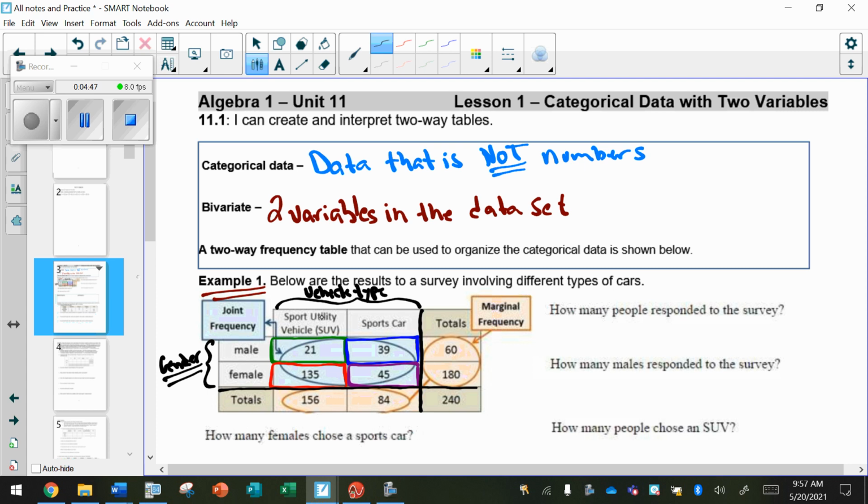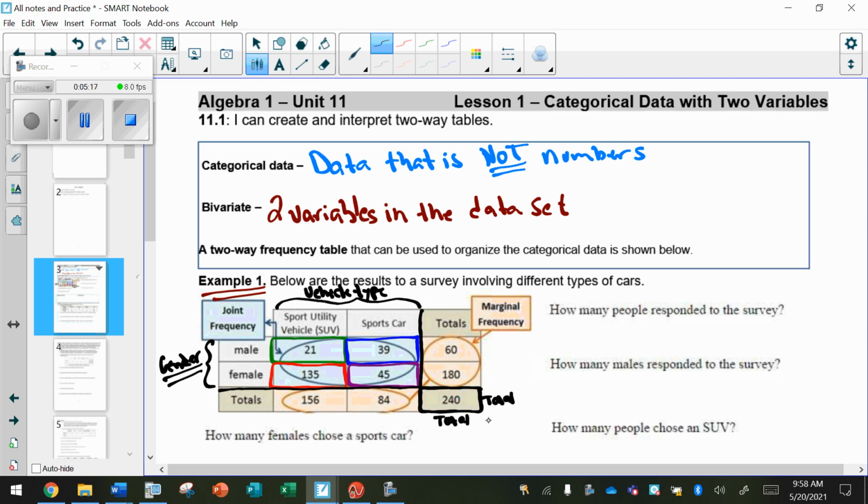Going down the first column, we would have 156 people prefer an SUV, and then 84 people prefer the sports car. So the totals add up across the rows and down the columns. And the final box in the lower right corner is the total people in the survey. So that's your total of totals.